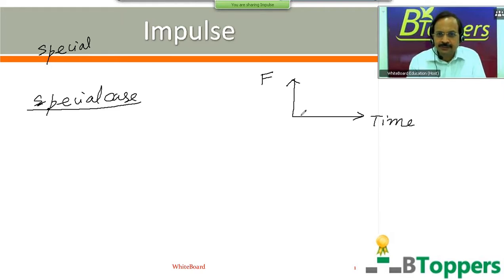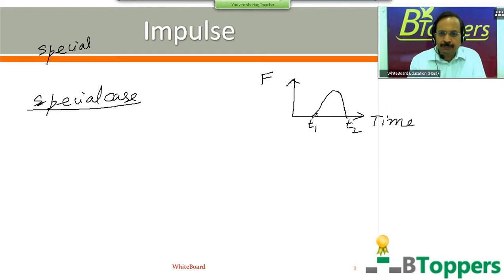Then if you draw a graph, in most of the cases, the magnitude of the impulsive force first increases from 0 to a maximum value, then decreases from the maximum value to 0. For example, take the collision of two balls, or collision of a ball with a fixed surface like a wall, or collision of a ball with a bat.